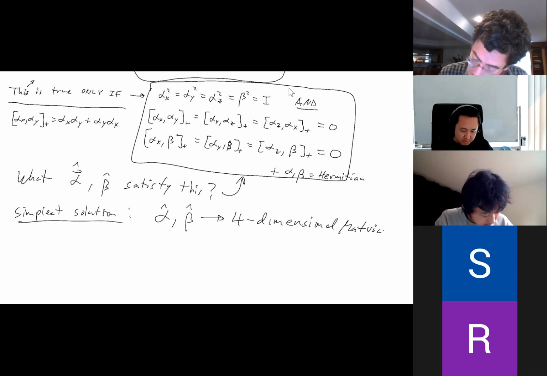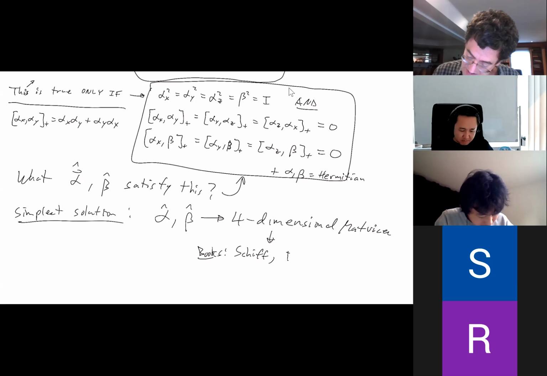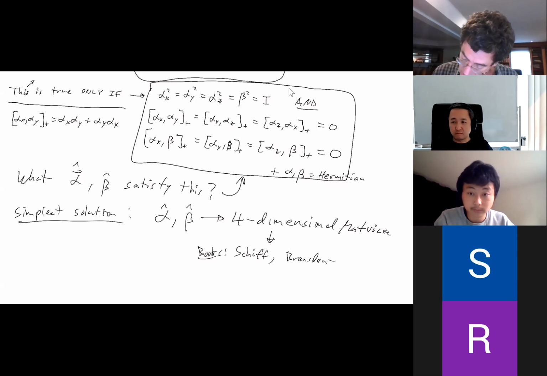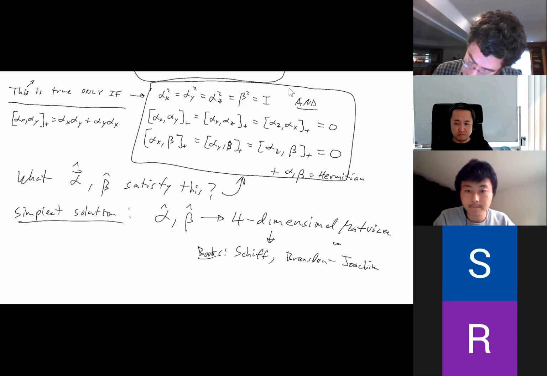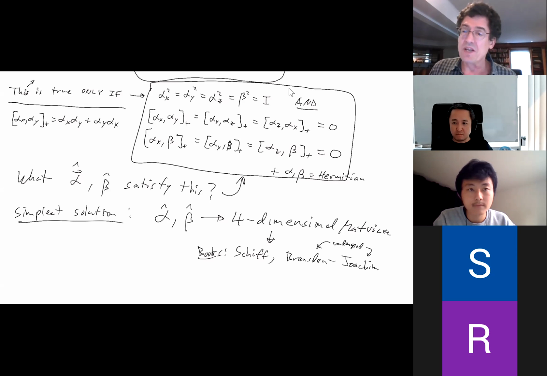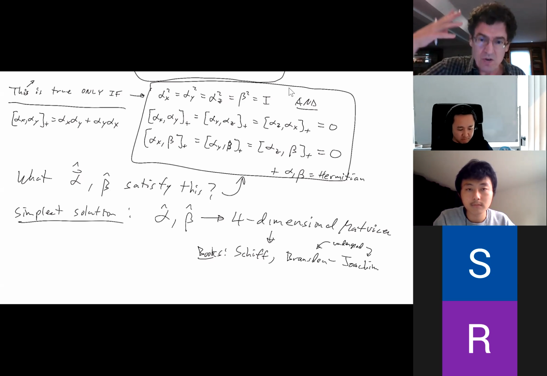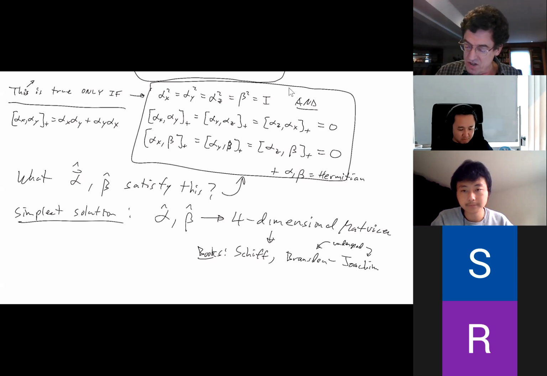If you want to see a derivation of that, you have to look at the book by Schiff. There's another book by Bransden and Joachim. This is actually an undergraduate text, and I think it's good. It's a quantum mechanics book by those people, and those books will step you through the logic if you want to understand why this is true.